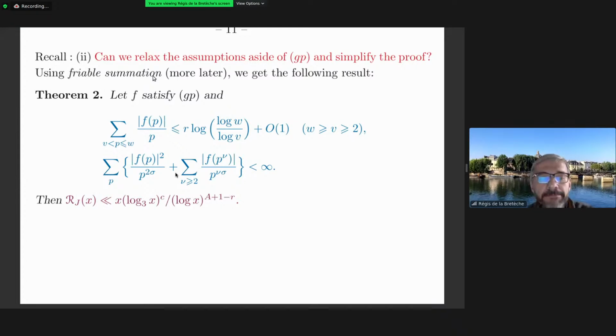Then we have the result on the error term, where we have the same power of log x as in the Granville and Koukoulos result. We just reduce the log-log factor to a log-log-log factor. Okay, it's not very important, but it should be quoted.